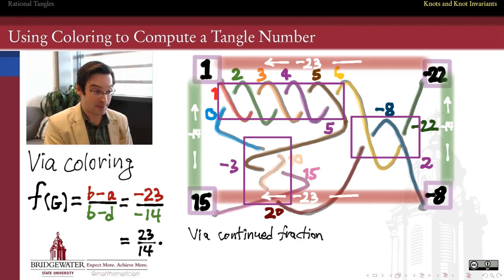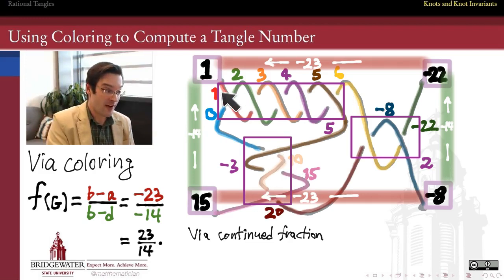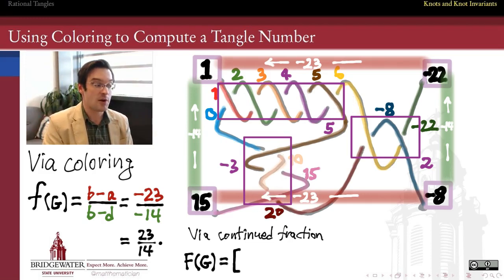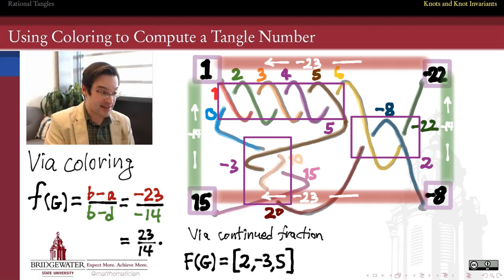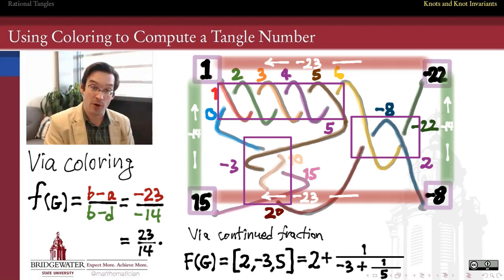In particular, we've got 2 twists over here, followed by negative 3 twists over there, followed by 5 twists over there. So the continued fraction representation for this is 2, negative 3, 5. And we can check that as a continued fraction in the rational numbers is 2 plus 1 over negative 3 plus 1 over 5. Do the arithmetic out. It turns out to be 23 over 14.